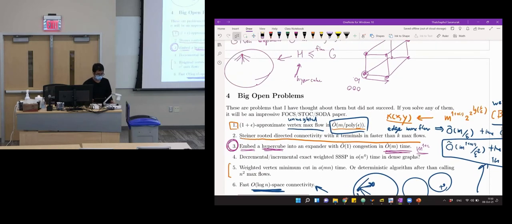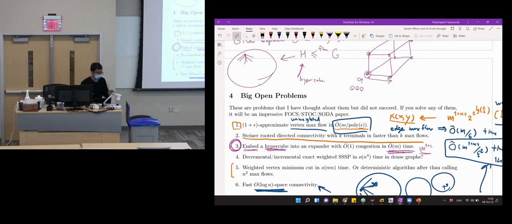And if one can do it, then it has a lot of application in theory, but you can think of it as kind of imposing structure into any arbitrary expander. Given an expander, once you can embed a hypercube into it, then it means that you can immediately route.